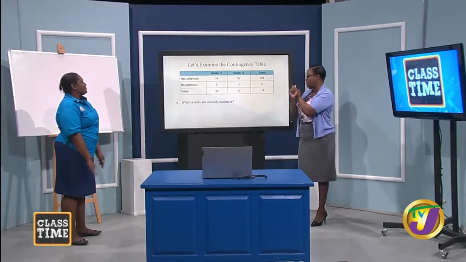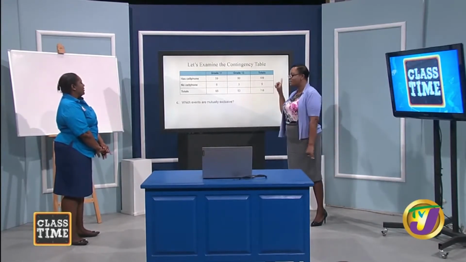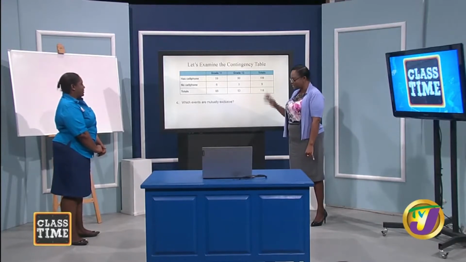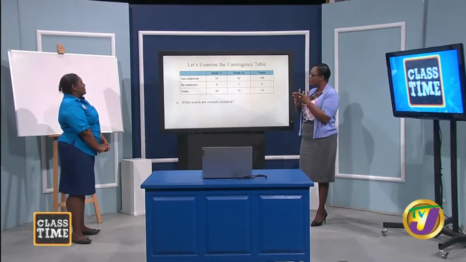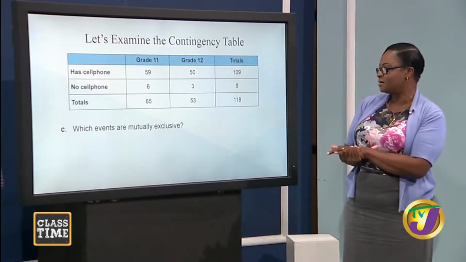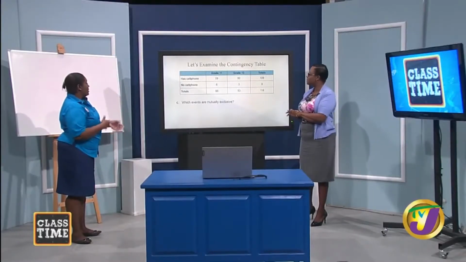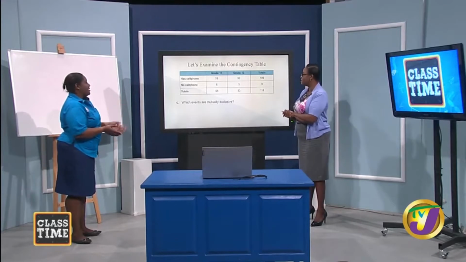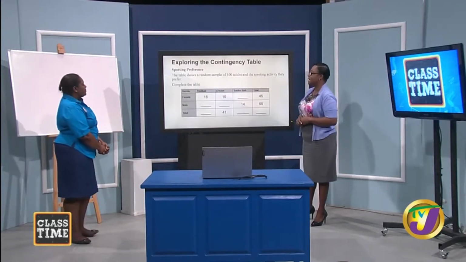That's one pair of events. And you cannot have a cell phone and not have a cell phone at the same time. So there are 2 pairs of mutually exclusive events that are summarized in this contingency table. We can understand that.